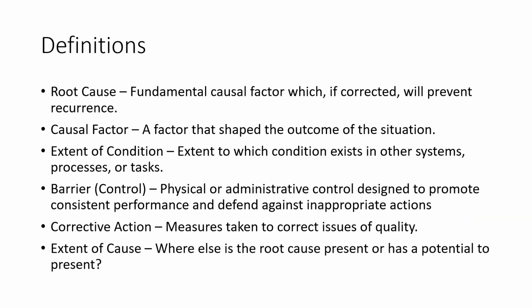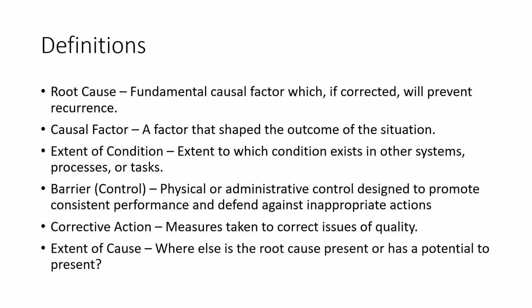So here's some definitions. We'll get into this probably later in the course. We'll talk about some different accident investigation techniques and stuff. But just so you're aware, root cause, we already talked about that. A causal factor is a factor that shaped the outcome of the situation. Extent of condition is a specific term that's the extent to which that condition exists in other systems.